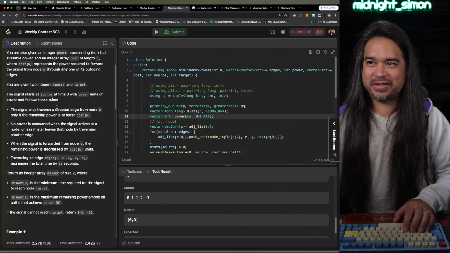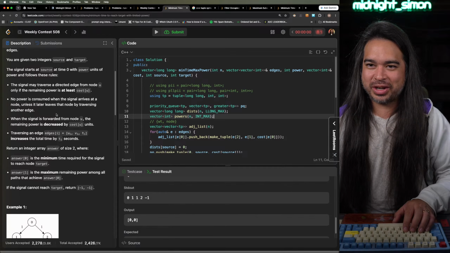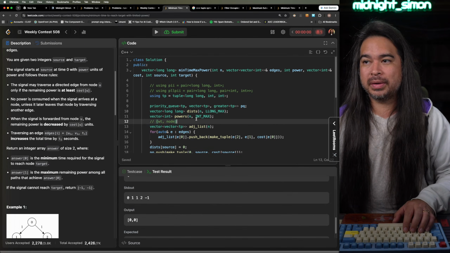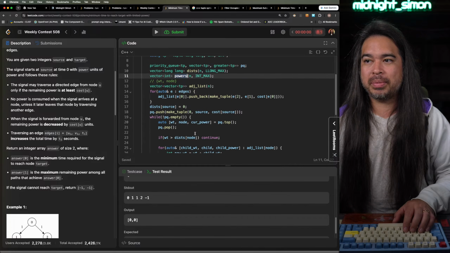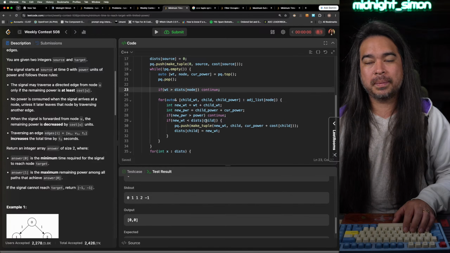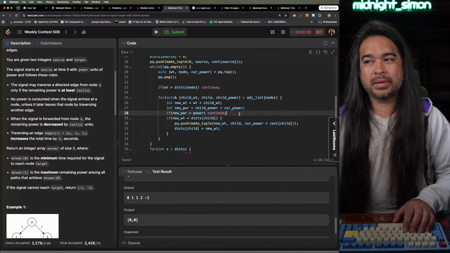I said I was giving up, but I keep trying for some reason. Maximum remaining power. So same idea for the powers, I suppose. So maybe I just remove this part.